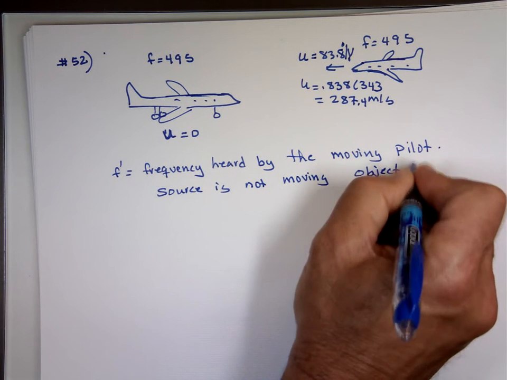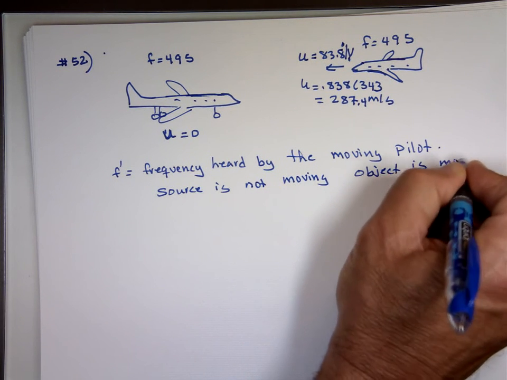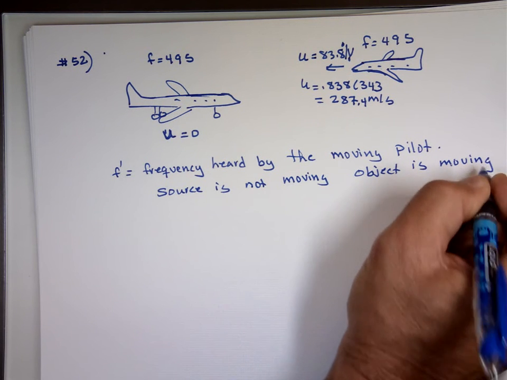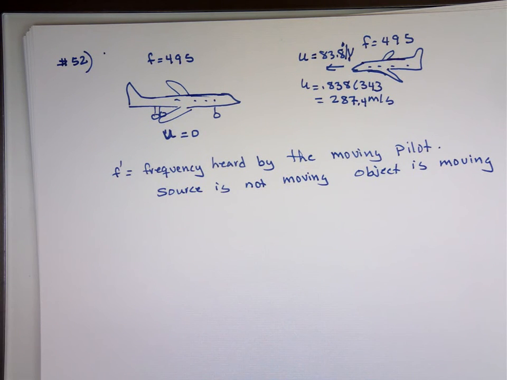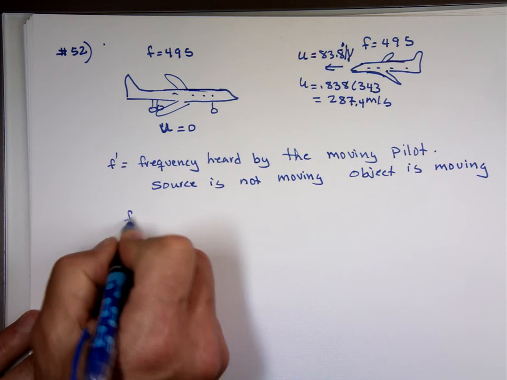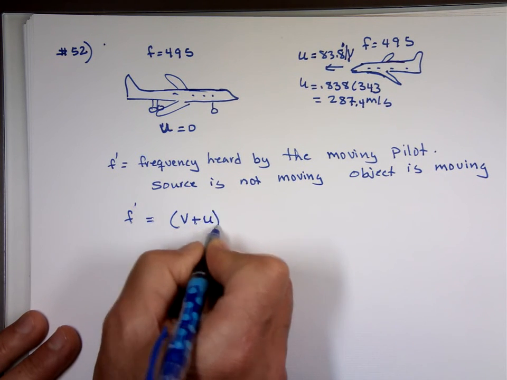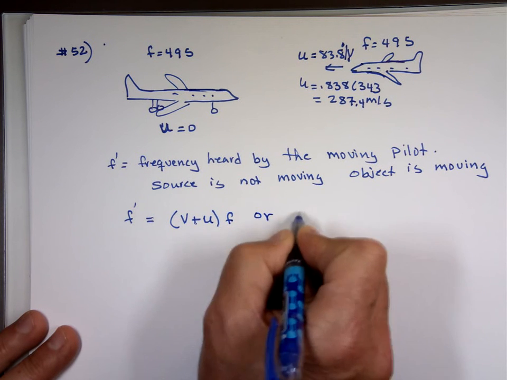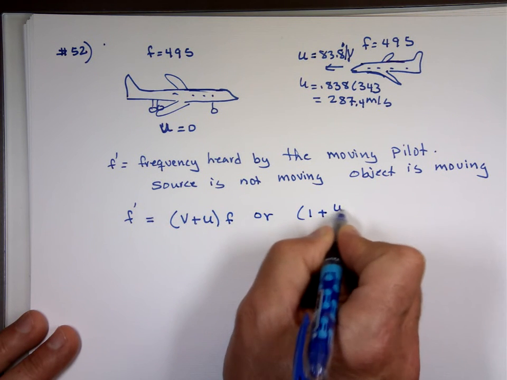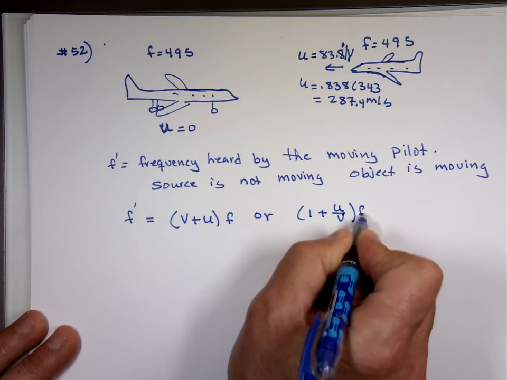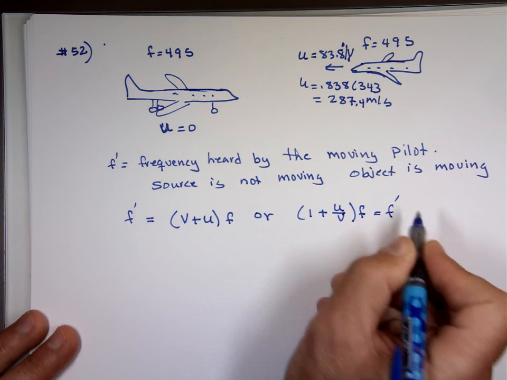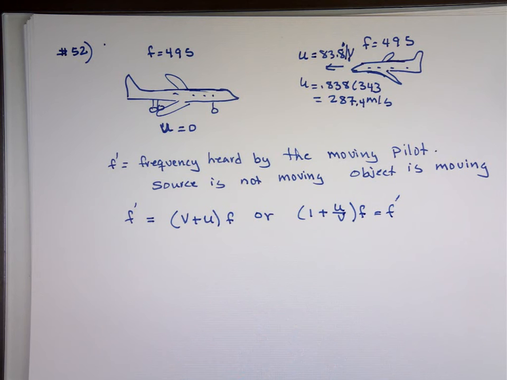The source is not moving, but the object is moving. The frequency for that, f prime, is going to be (v plus u) over v times f, or 1 plus u over v times f. This is the boombox sitting on the bench and a skater or a bicycle going by. That's what we did yesterday.